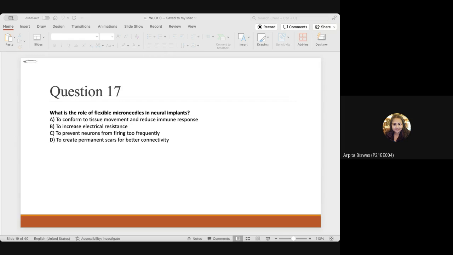So what is the right option? Question number 17. The right option is option A, to conform to tissue movement and reduce immune response.